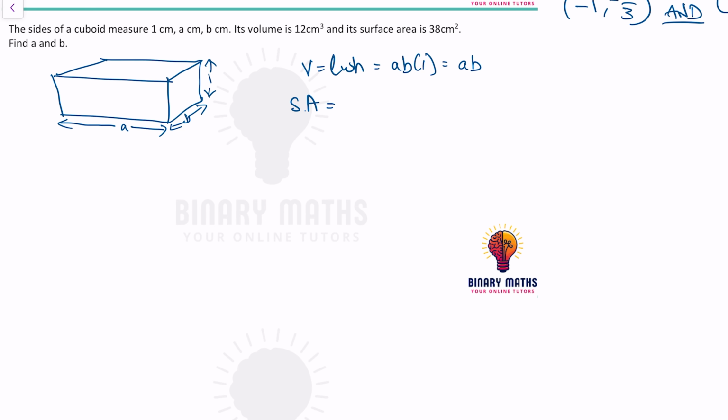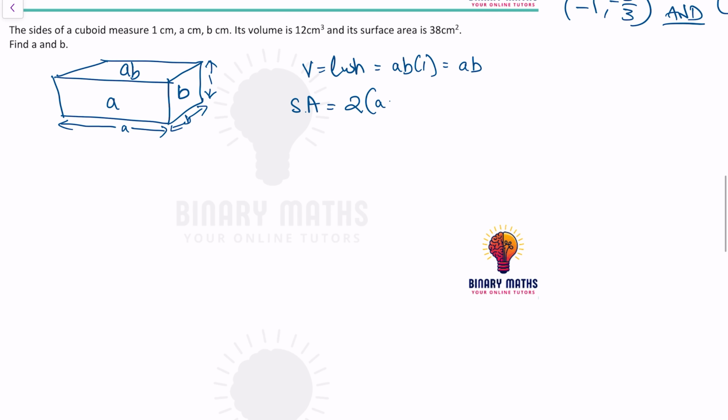So the first face here, A times 1, gives you A. This face is B times 1, which is B. And the top face is A times B, which is AB. Now don't forget you have 6 faces, so you have to double them. So it's 2 times A plus B plus AB. If you want to expand that out, that gives you 2A plus 2B plus 2AB.